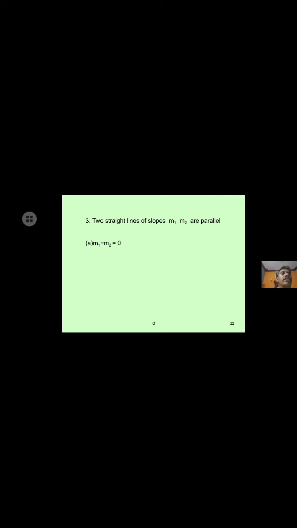If two lines are parallel, their slopes must be equal, that is m1 equals to m2. That is the condition we have to know. Two lines are parallel means their slopes are equal. So this is the condition.